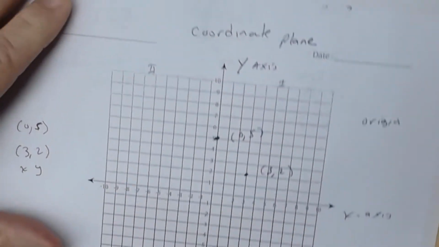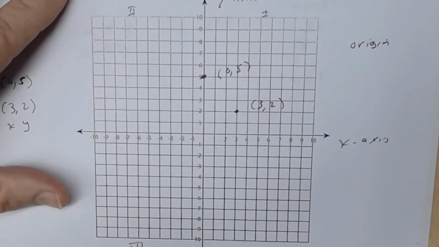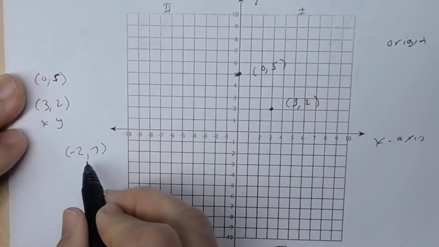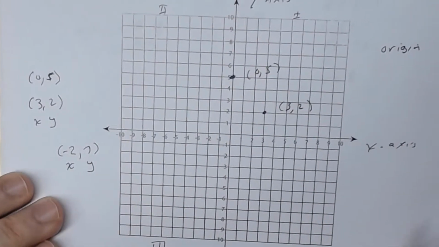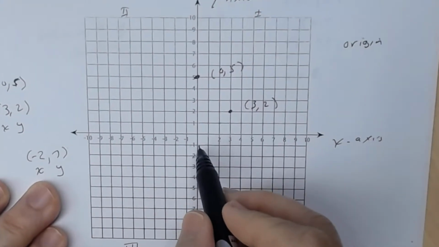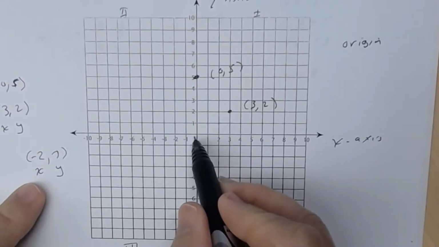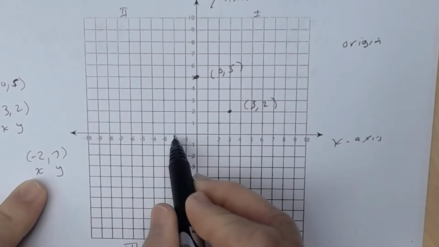All right, let's look at the point (-2, 7). Remember, your x-coordinate is -2, your y-coordinate is 7. Always start at the origin when plotting points. Since x is -2, I go to the left 2 units.